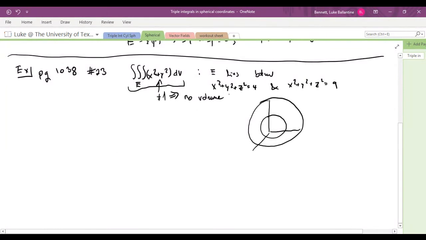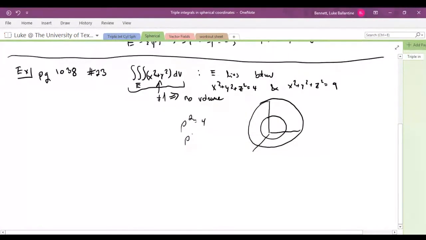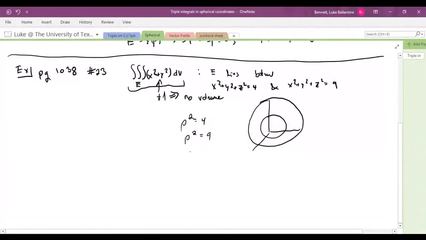So x squared plus y squared plus z squared equals 4 and equals 9 is the region we are integrating over, and that's rho squared equals 4 and rho squared equals 9. Well, that's just rho lies in between 2 and 3. Now to get our theta bounds, we look at the picture. Well, we're just going all the way around.